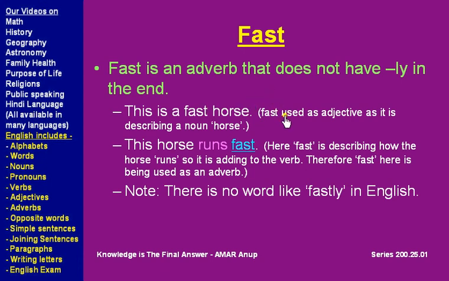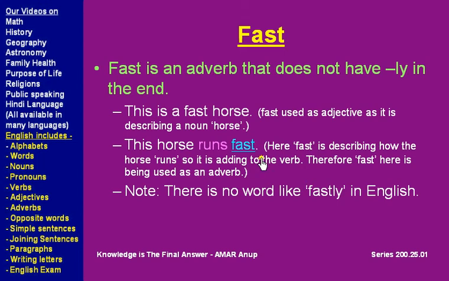Compare this with the second sentence, which says that this horse runs fast. Here fast is describing how this horse runs. It is telling about the running quality of the horse, and as you can see, the adverb has been placed after the verb.